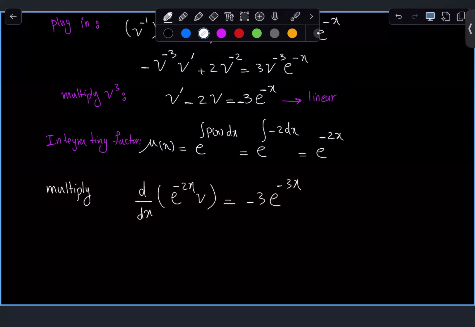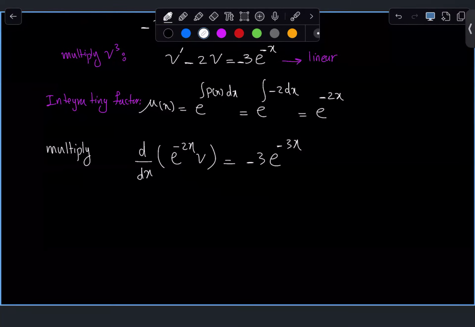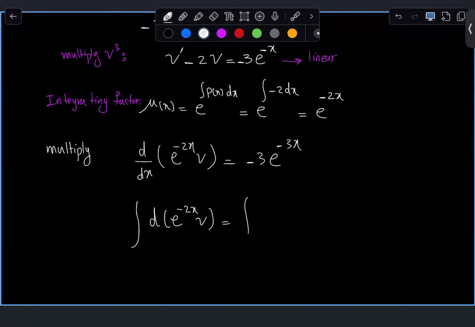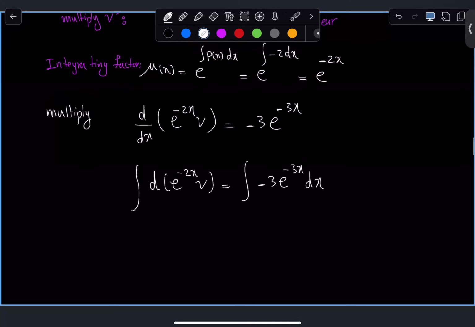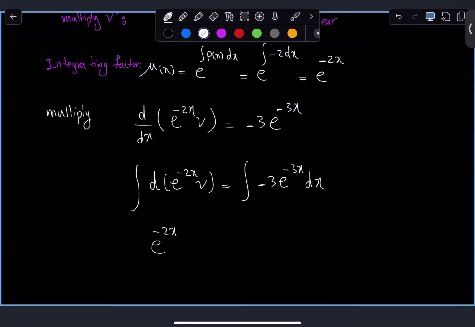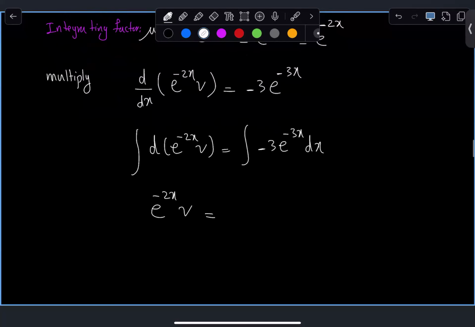Okay, all right. So if we've done this correctly, now we have a kind of separable equation, right? I can take the dx to the right-hand side and then integrate. So the integral of the left-hand side will be e to the -2x v. What about the right-hand side?